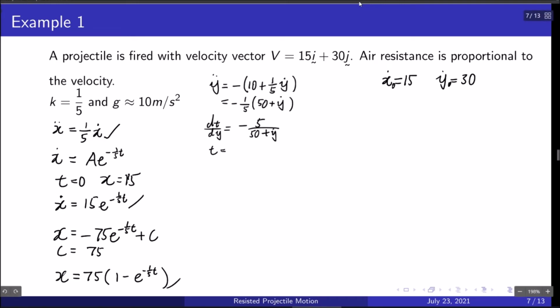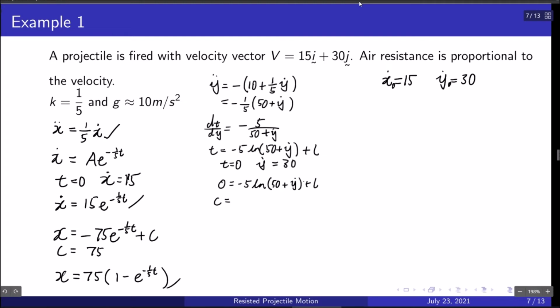t equals negative 5 log 50 plus y dot plus c. To find out what c is, when t equals 0, y dot equals, sorry, this is x dot, y dot equals 30. So 0 equals negative 5 log 50 plus y dot plus c.